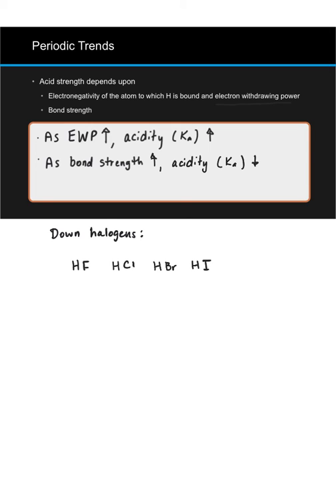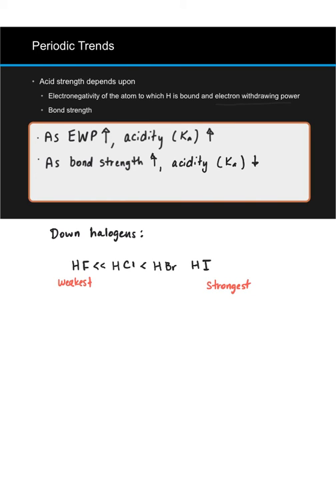In this trend, halogens rank based on bond strength. Bond strength wins out, where in comparing these acids to each other, the weakest bond represents the strongest acid, and the strongest bond represents the weakest acid. So what we say in this trend is that hydrofluoric acid is much less strong than hydrochloric.